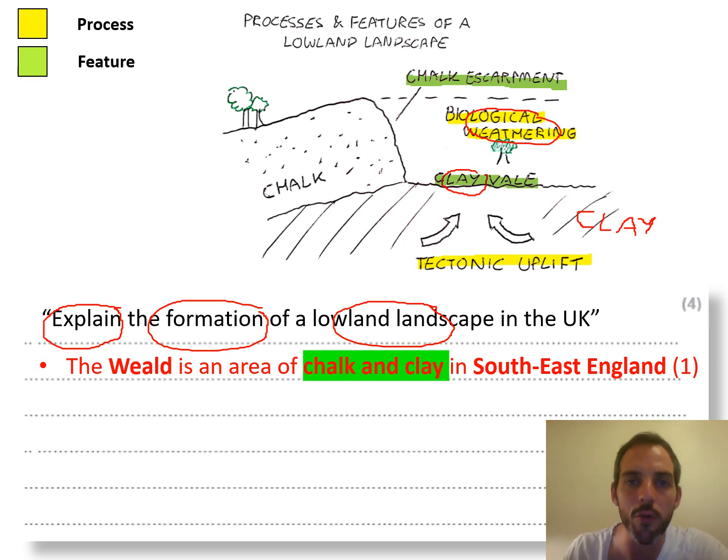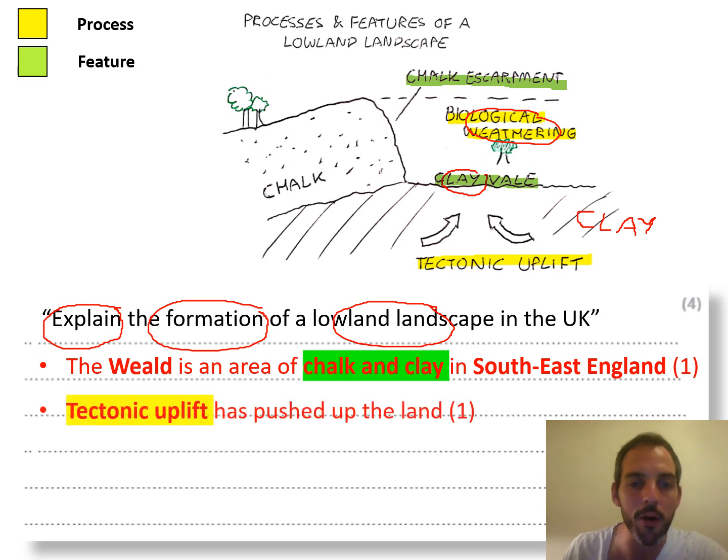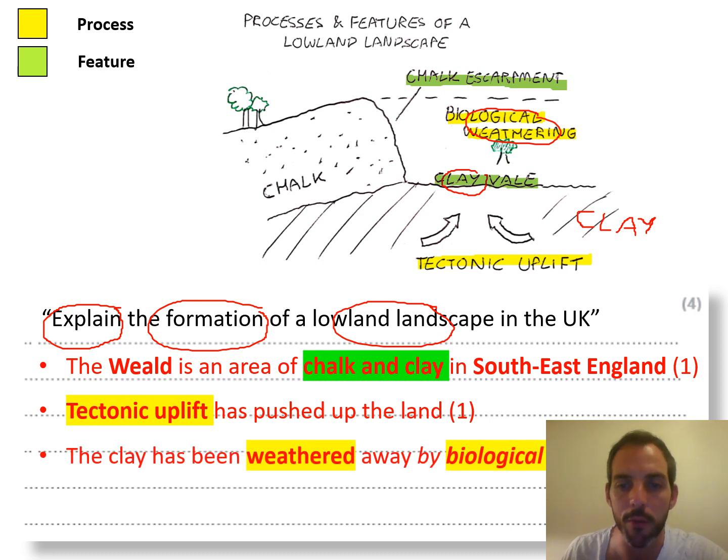Please now get out your green pens and correct your answers. So the second mark should be: tectonic uplift has pushed up the land, or it has formed a dome of this area of chalk and clay. So we've got process, we've got feature. Next up, we need another process, and I'm sorry the video was hidden the last word there, but it should say the clay has been weathered away by biological weathering.